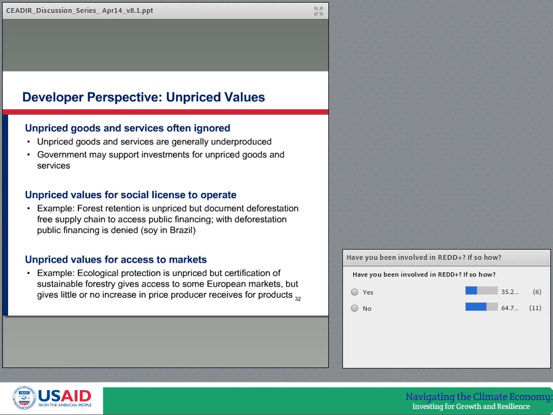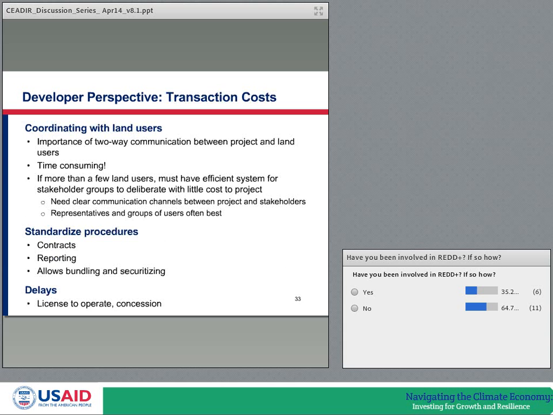Now, back to smallholders a bit. Transaction costs. If it takes time to talk to somebody, you want to talk to fewer people. You want to negotiate fewer deals. So there are some models out there. If anybody's interested, we can talk about systems and networks for interacting with smallholders.